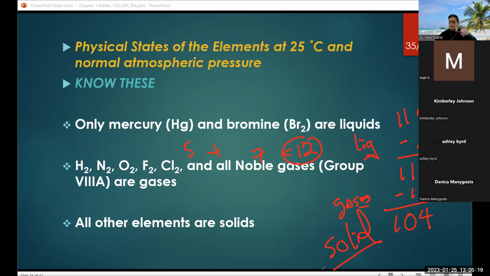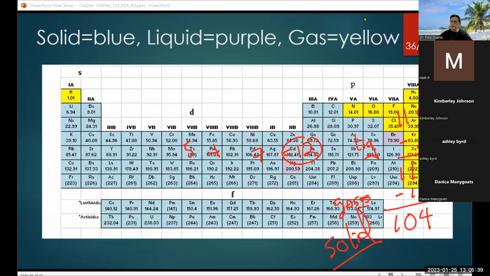So knowing which ones are liquids and which ones are gases, you should be able to determine for any element whether it is a solid, liquid, or gas, with the help of this periodic table right here. Let me clear up my mess here.